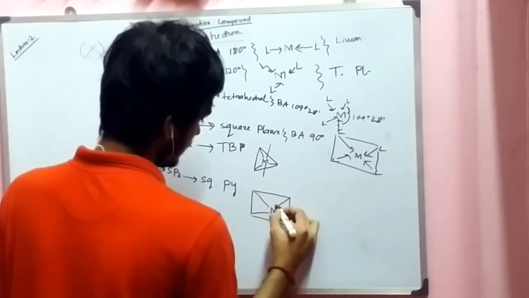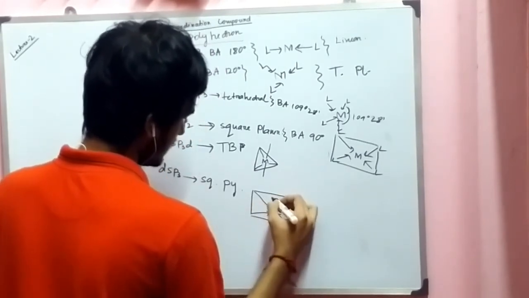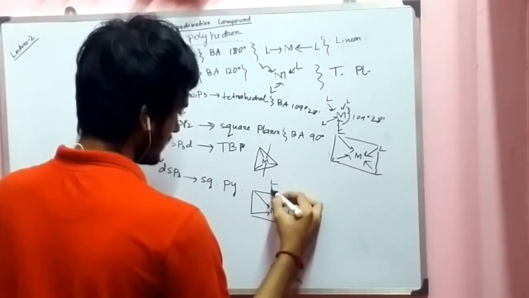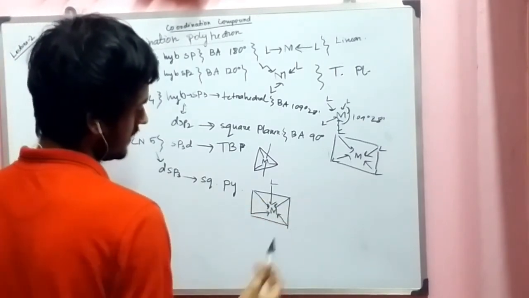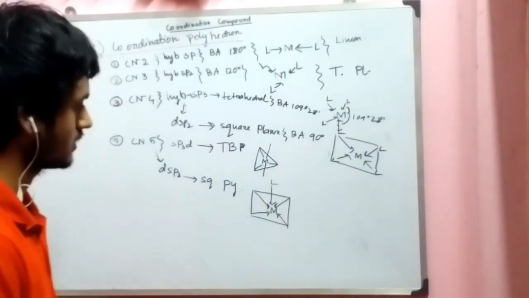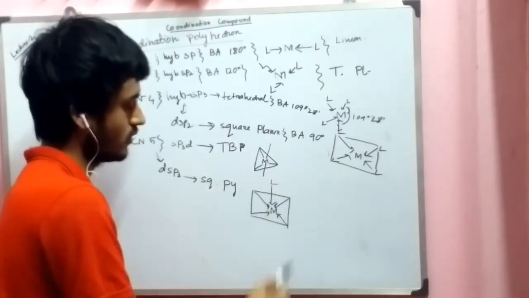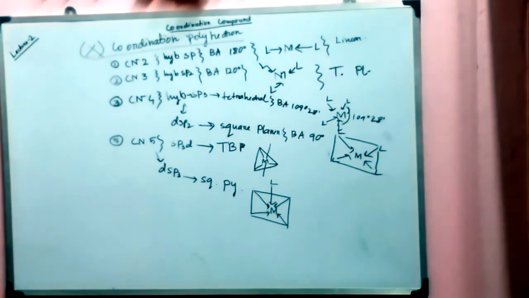This is metal, and the 4 corners are ligands, and the fifth ligand is above the plane. These 4 ligands are in the plane, and this ligand is above the plane. Questions can be asked, how many of these ligands are in the plane? You will have to answer 4. 4 are in the plane and 1 is above the plane. So it is dsp3.